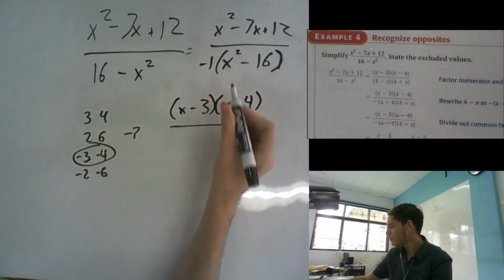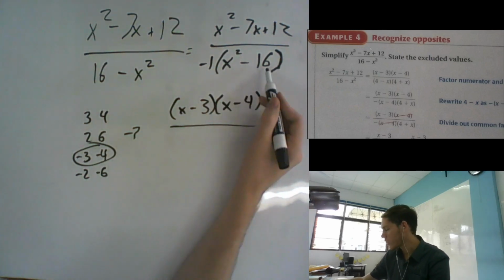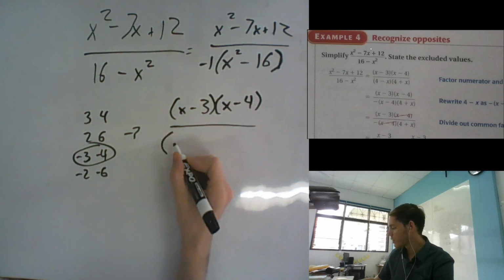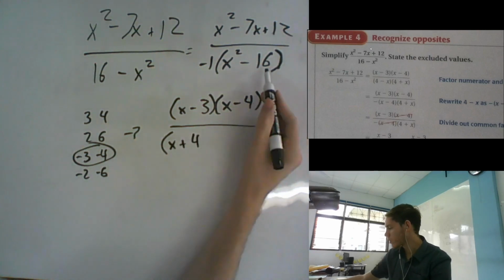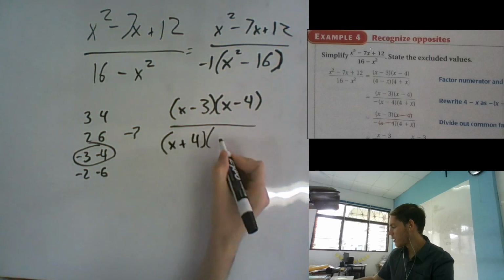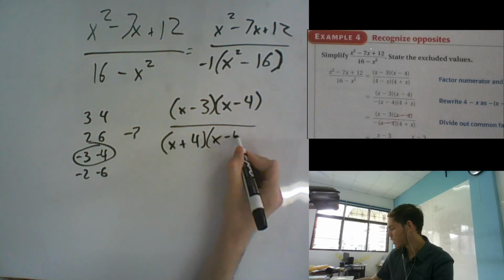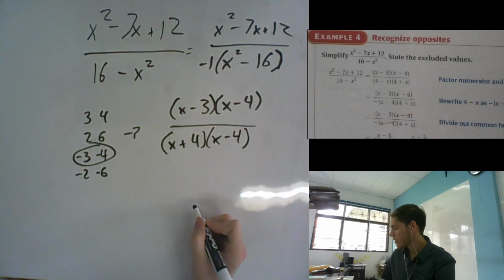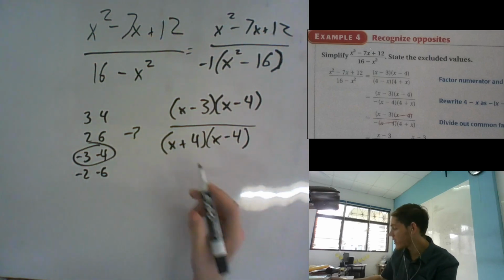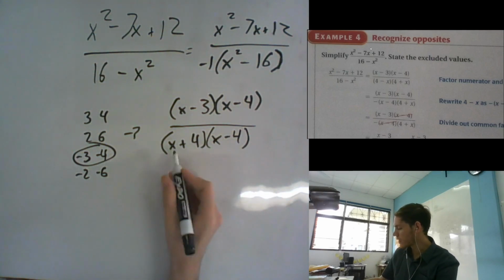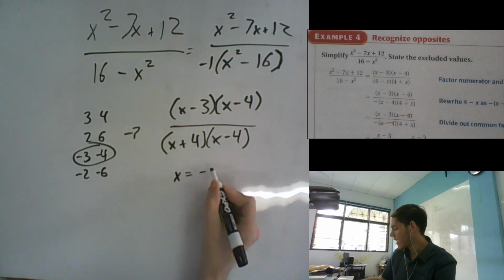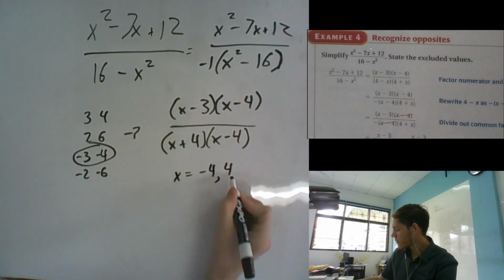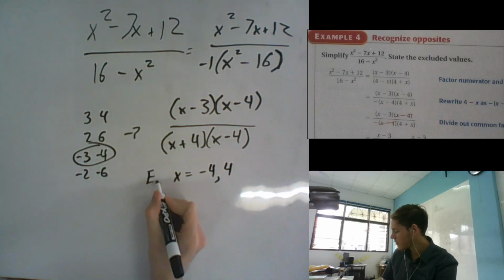And the bottom is x squared minus a squared, so it's going to be x plus the square root of this times x minus the square root of this. Excluded values are just the bottom. So we get x plus 4 equals 0, so x equals -4 and 4. And that's our EV.